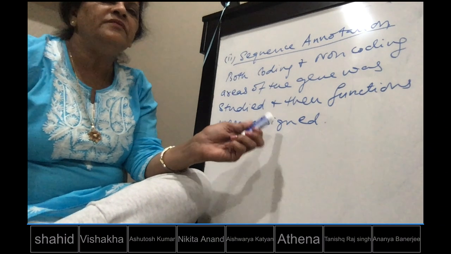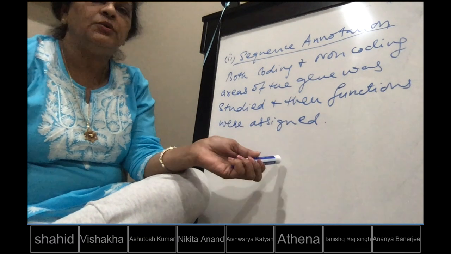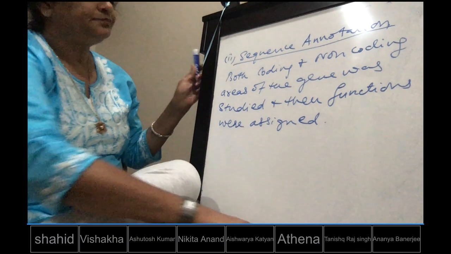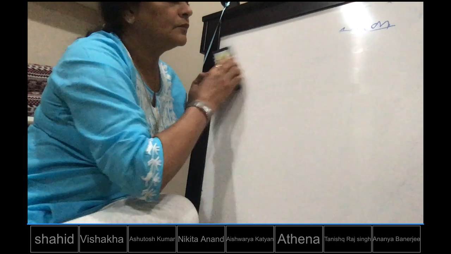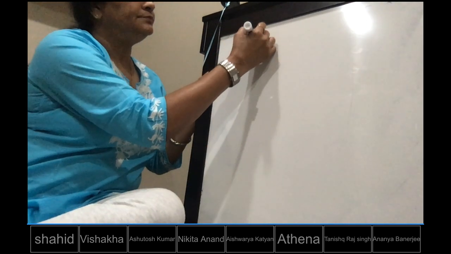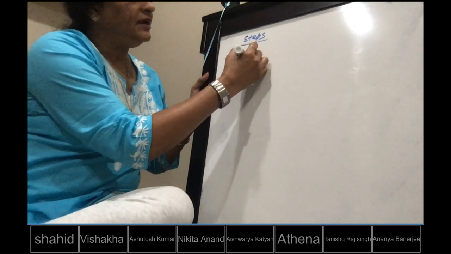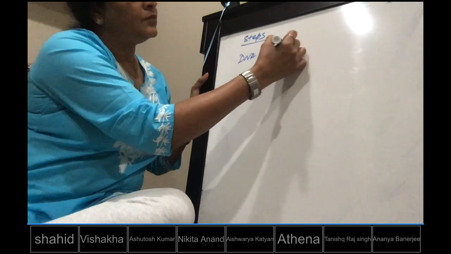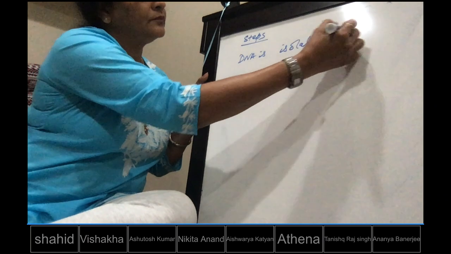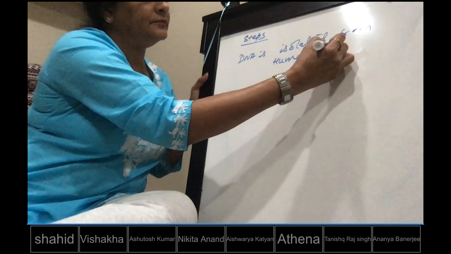Now, this one we will explain in a little detail, because what are the steps of sequence annotation? So, what are the steps? Firstly, DNA is isolated from the human cell.